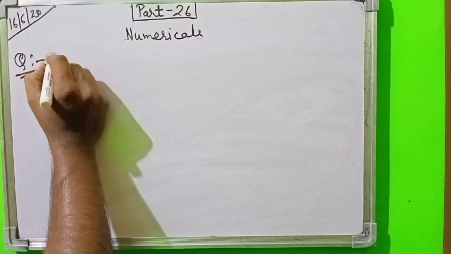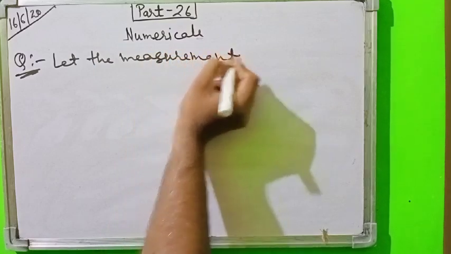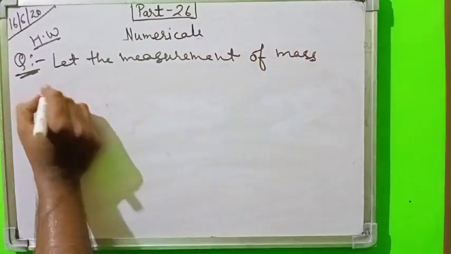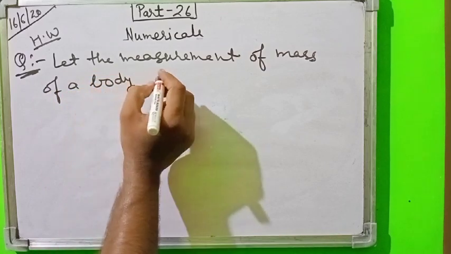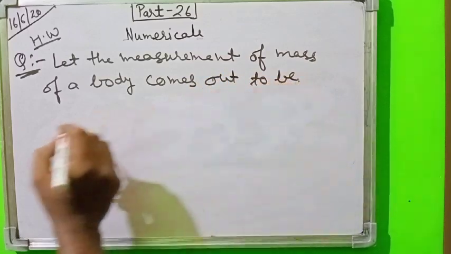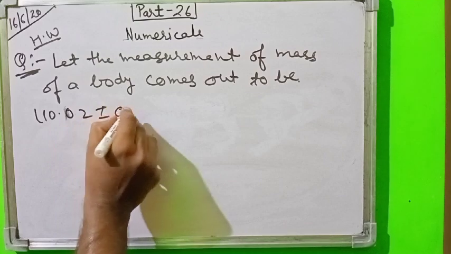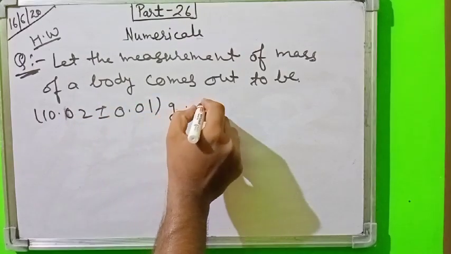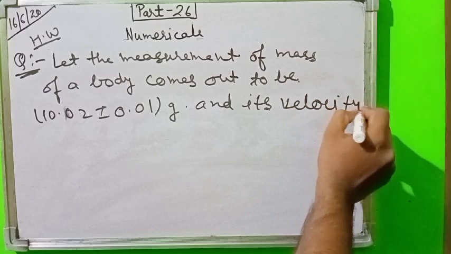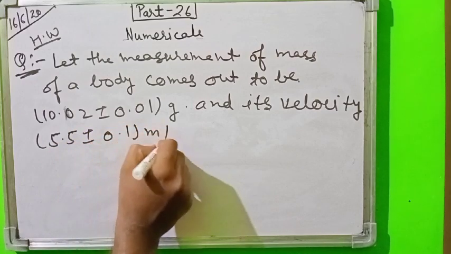Let the measurement of mass of a body come out to be 10.02 plus minus 0.01 gram, and its velocity 5.51 plus minus 0.01 meter per second.